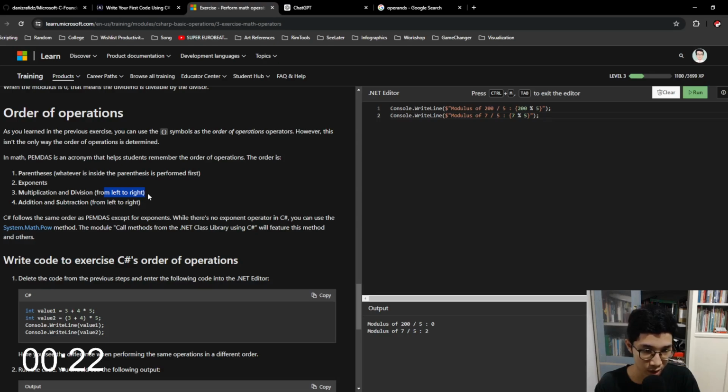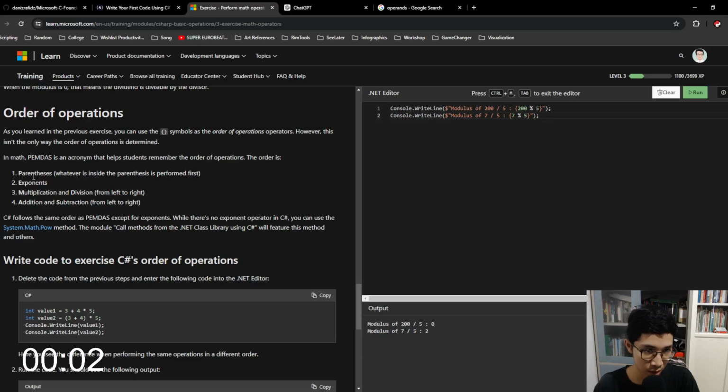From left to right. Yes, as always, math is left to right too. But if there is multiplication and addition, multiplication on the right but addition on the left, you should prioritize the multiplication first.